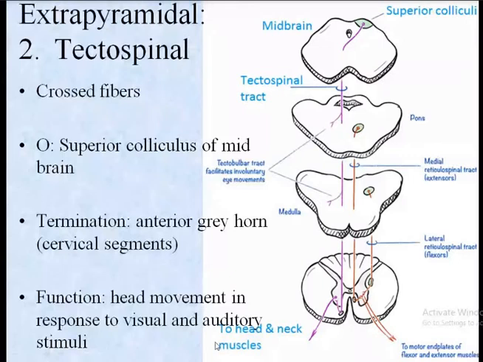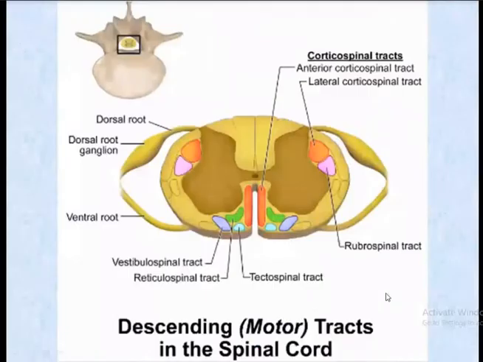And again, to look at the tectospinal tract within the transverse section of the spinal cord. Here we have already talked about the lateral corticospinal tract, ventral corticospinal tract, and this tectospinal tract is present somewhere here within the anterior white column, in front of the anterior corticospinal tract.